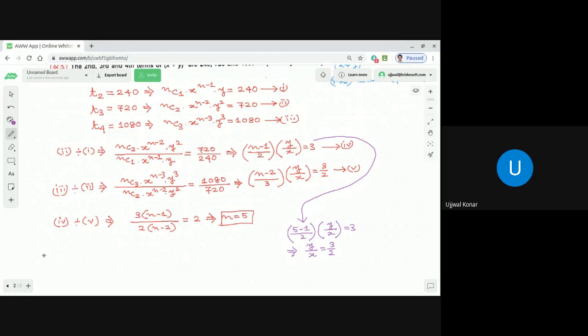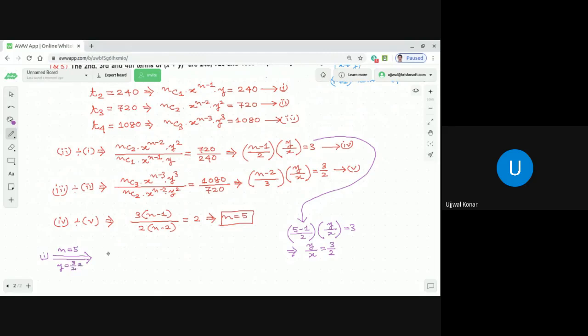So in equation 1, after applying these values, let me give a big arrow. We are going to apply the value of n equal to 5 and the value of y equal to 3 by 2 into x.